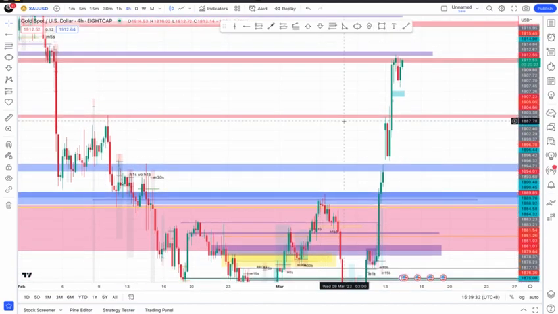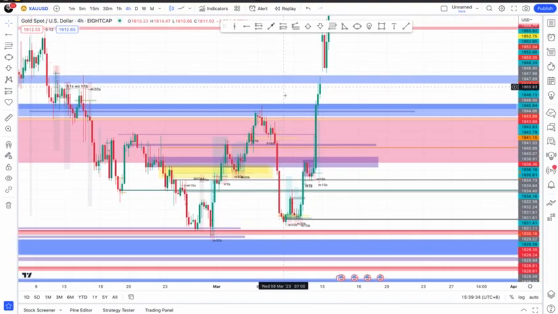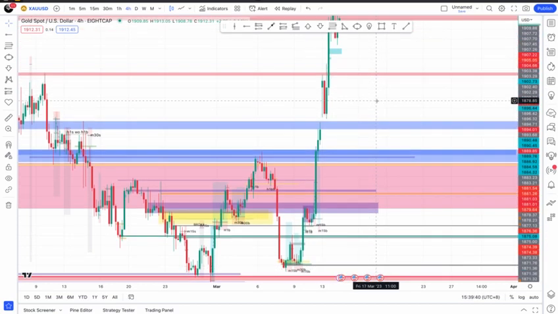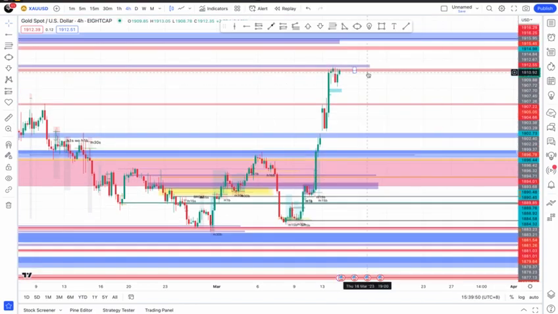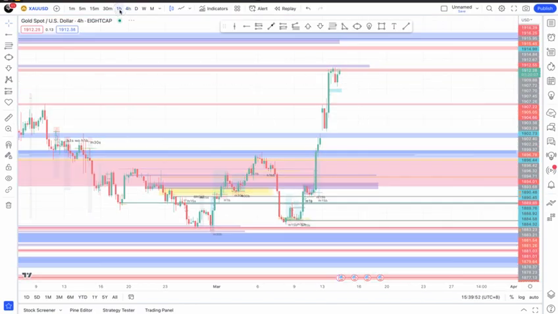We need to identify lower zones if it's possible, where there is an engulfing fail and engulfing buy. So for me, there aren't any zones around this area. There are just daily zones waiting over here, but there aren't any H4 zones waiting. So now let's look at the H1.